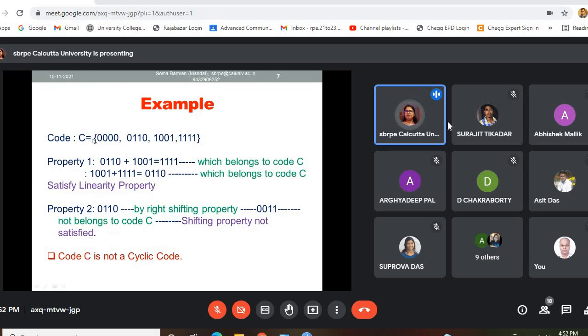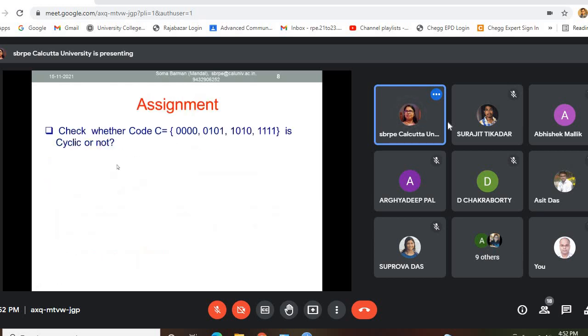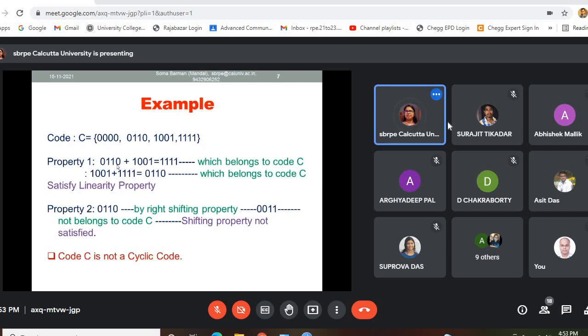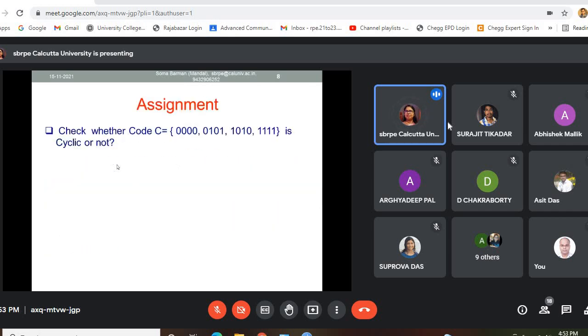If any element does not satisfy the property, then obviously this is not a cyclic code. So this is one assignment given to you. You have to check whether this satisfies the property or not.